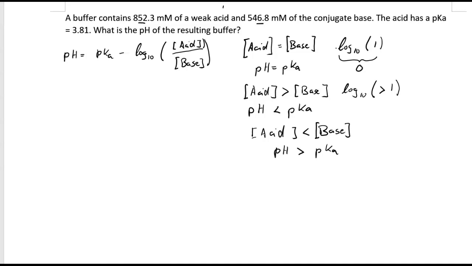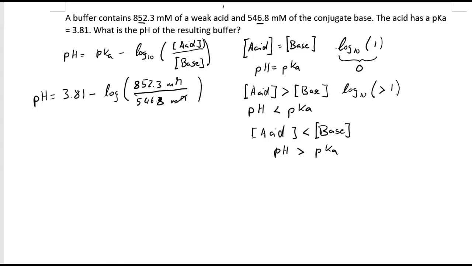So we've got the pH, we are looking for that. We just put the numbers in. pKa is 3.81 minus log of, and for the acid we have 852.3 millimolar divided by 546.8 millimolar.